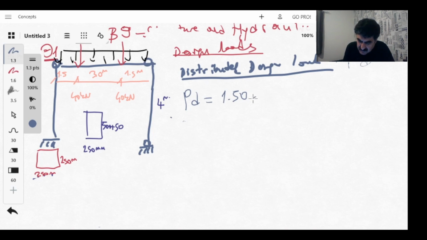what kind of distributed load I have. I have it here, 25 snow load, kilonewton per meter. So multiply by 25 and plus any other distributed load. Yes, I have beam self weight. It is also distributed.